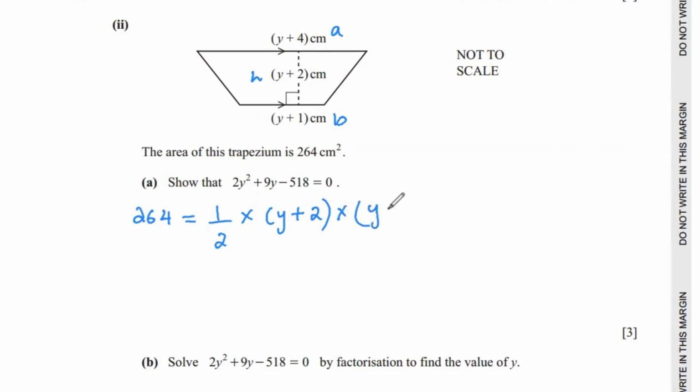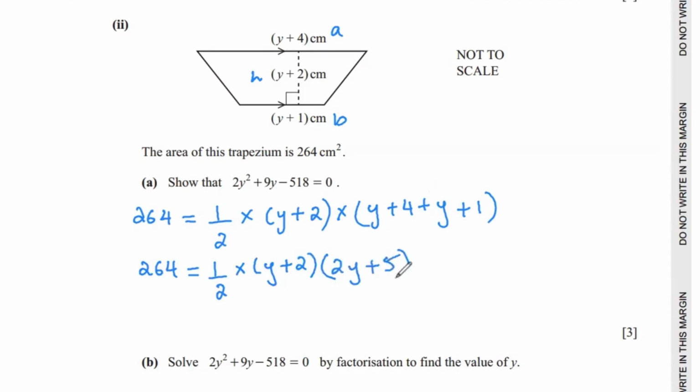So we're going to do y plus 4 times y plus 1. So 264 equals 1 over 2 times y plus 2 times 2y plus 5.